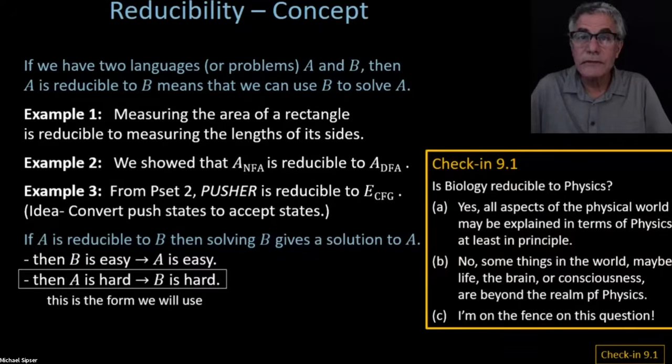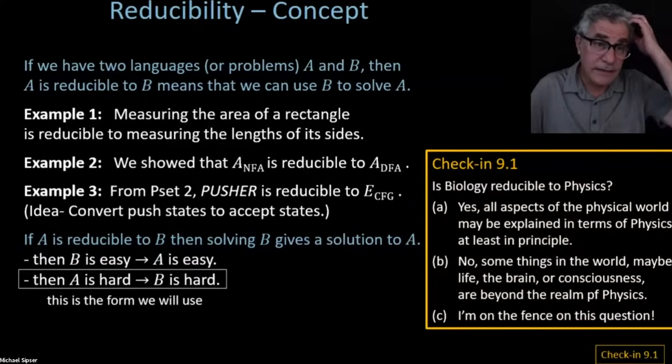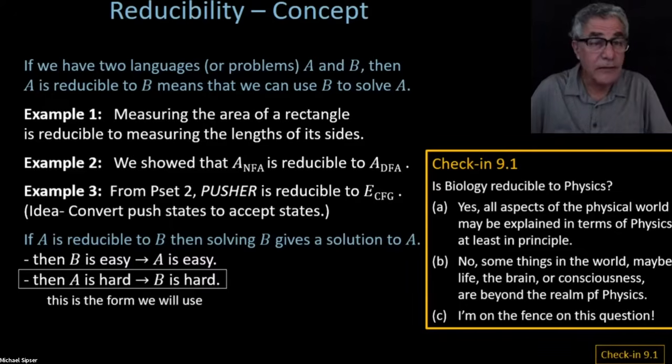Here are the results. And as I say, there's no right answer here. But if I had been in the class, I would have picked B. But I'm not surprised that, especially in an MIT crowd, A is a winner. All right, let's continue.